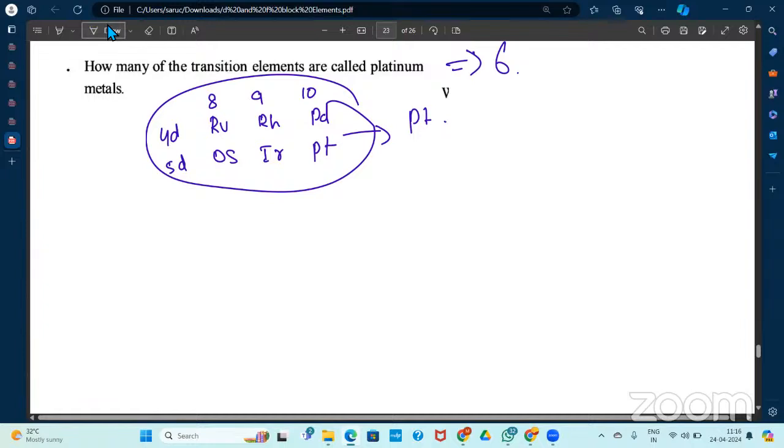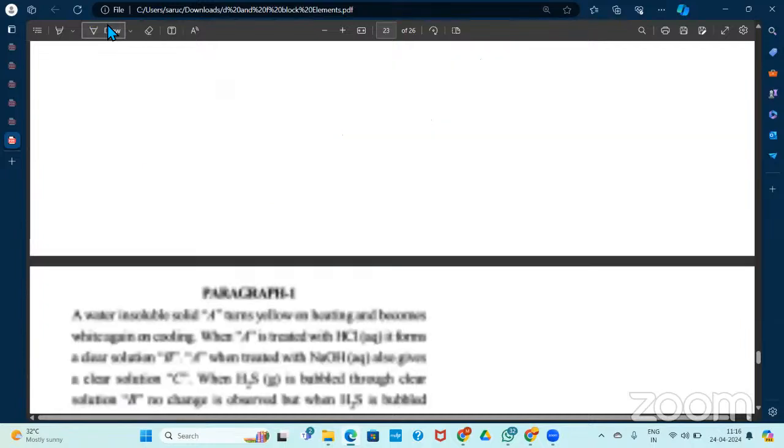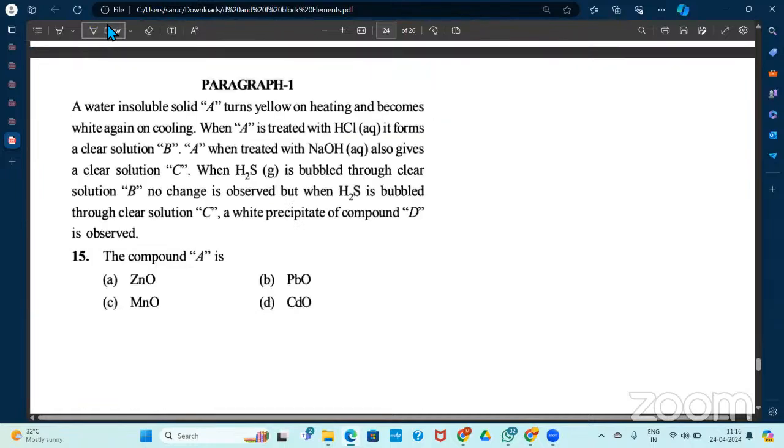Okay. So the last question is a paragraph type question. An insoluble solid A turns yellow on heating and becomes white again on cooling.